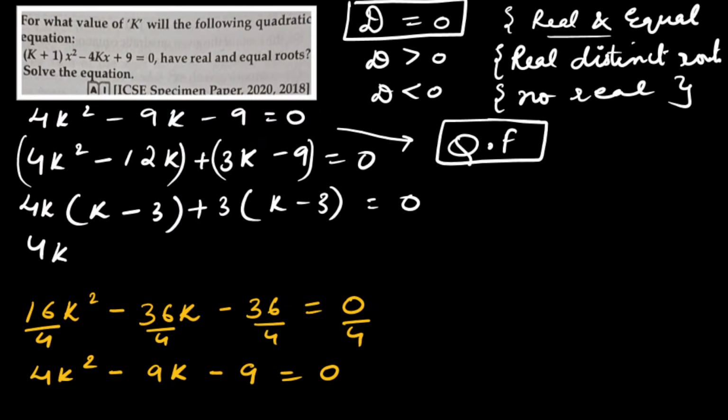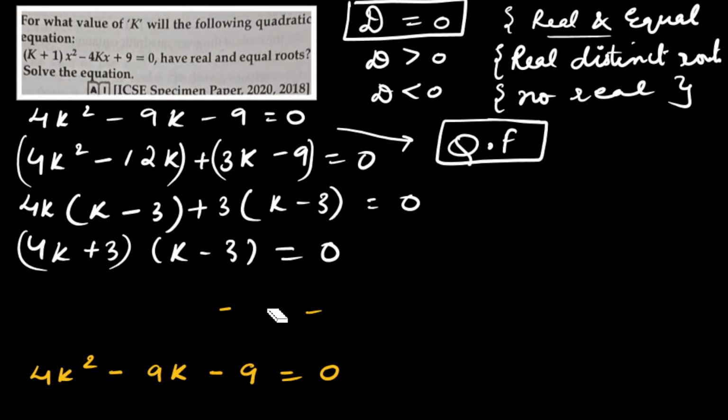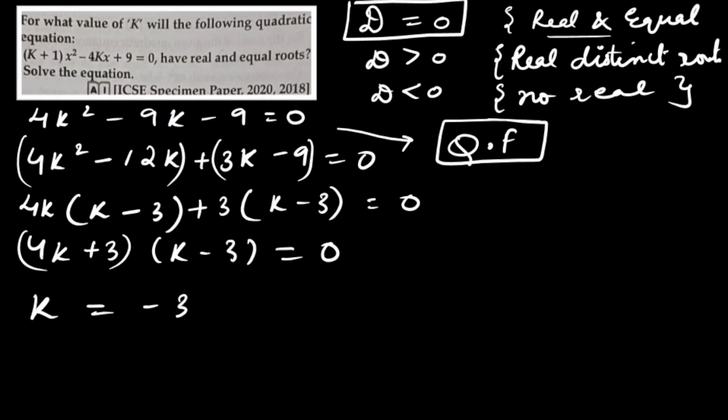So 4k plus 3 into k minus 3 is equals to 0. So from here we'll get two values of k. So one value is k is equals to minus 3 by 4 and the other value is k is equals to 3.